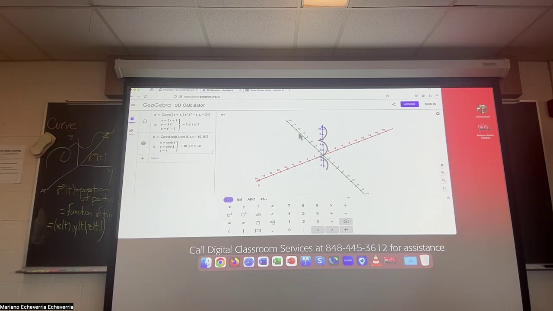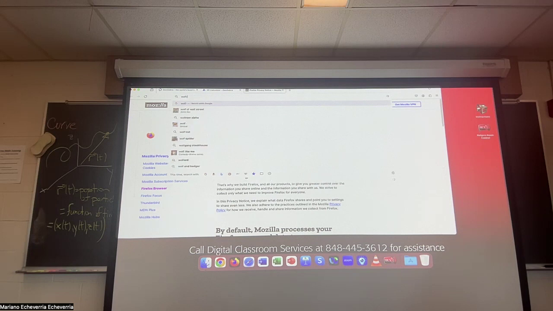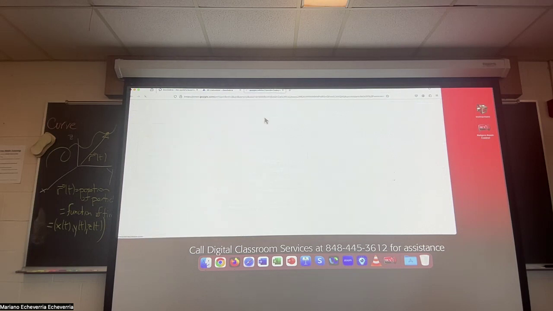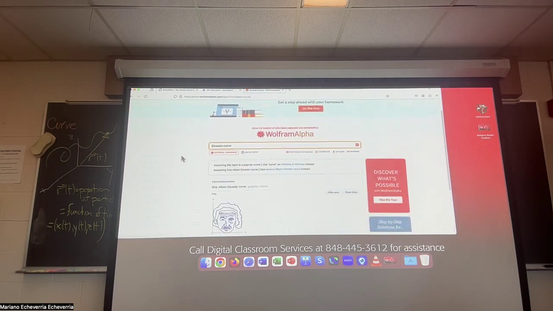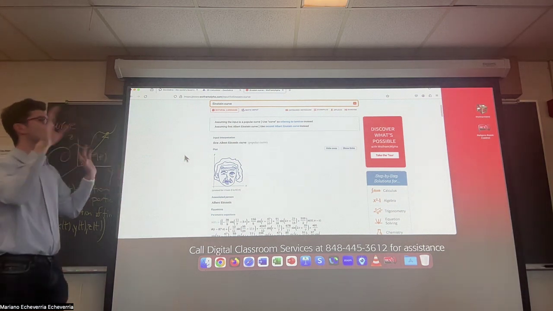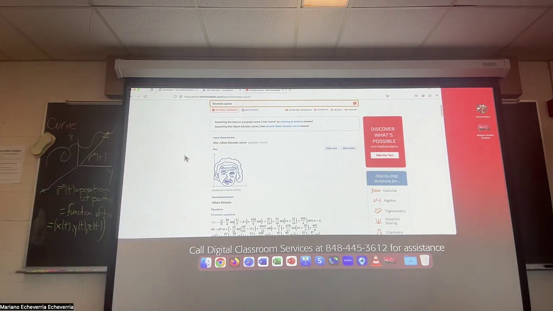There are really complicated things that you can represent using curves. I always like to show this on Wolfram Alpha. On Wolfram Alpha, you can put curves of famous people, and it will give you equations for the curve.